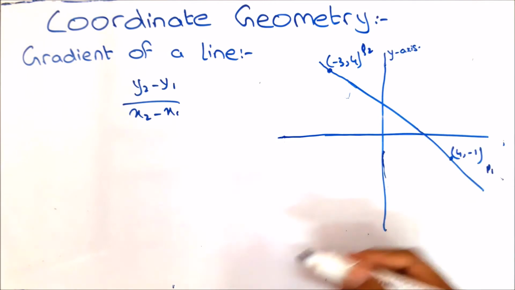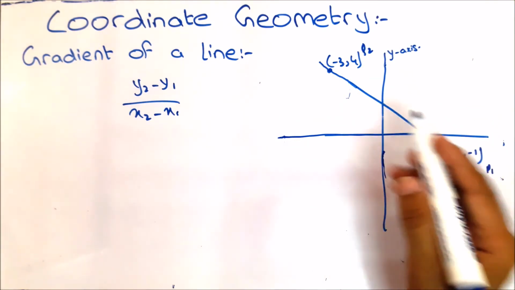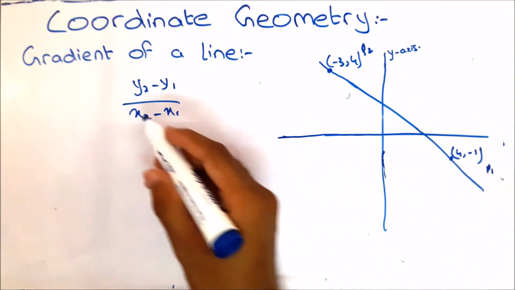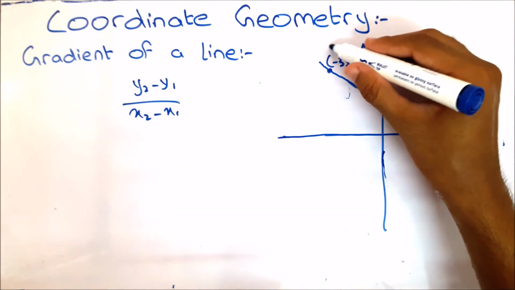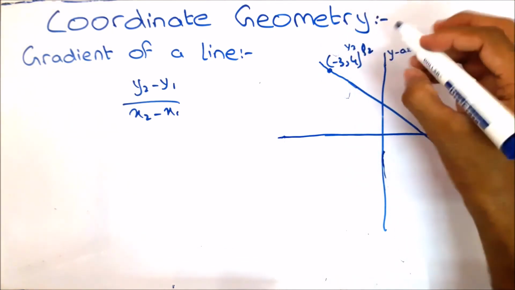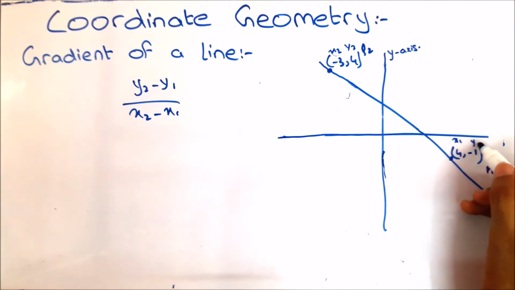It's totally up to you which points you label. Here we have P2, where this is y2 and this is x2, and this is our x1 and y1.